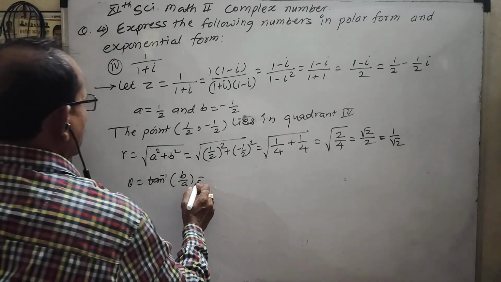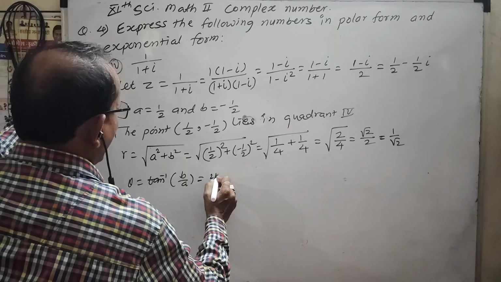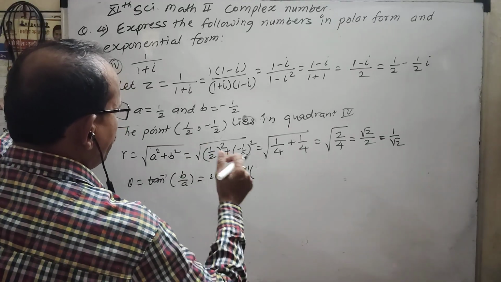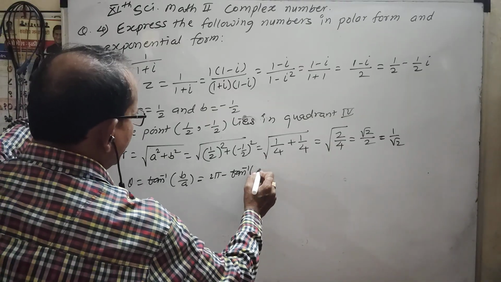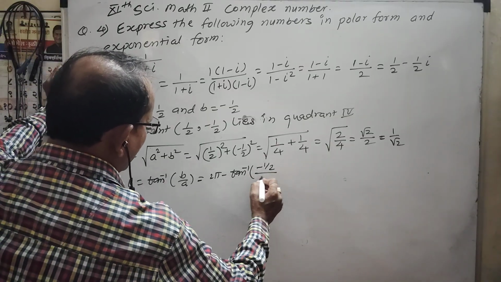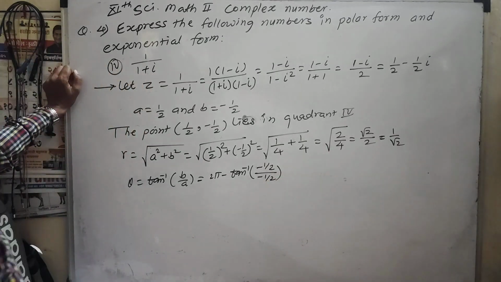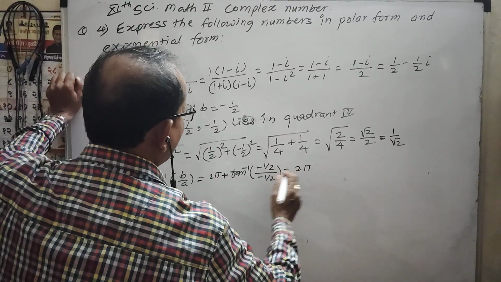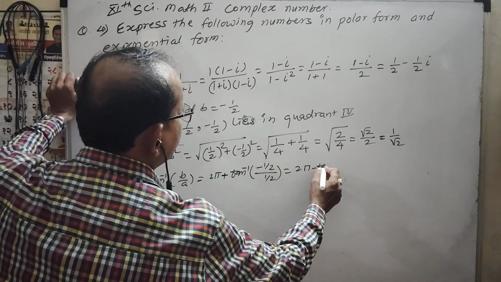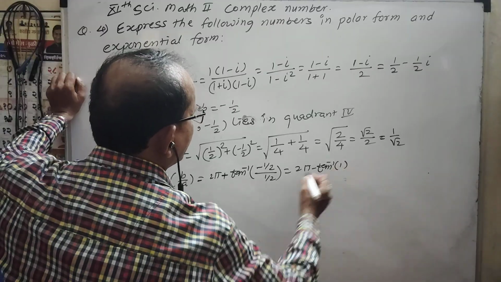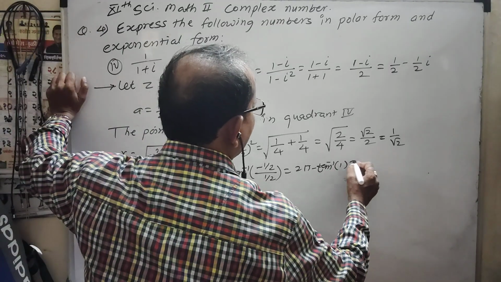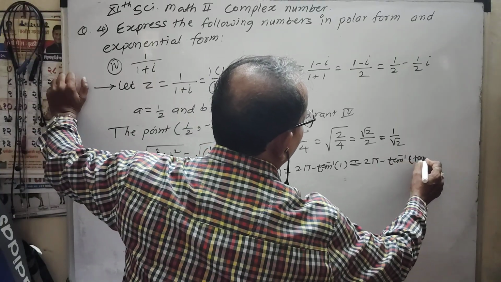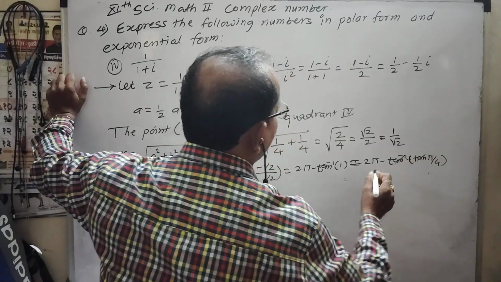hence theta is 2 pi minus tan inverse of minus 1 by 2 upon minus 1 by 2, which is 2 pi minus tan inverse of 1, meaning tan pi by 4. 2 pi minus tan inverse of tan pi by 4, and tan inverse gets cancelled.